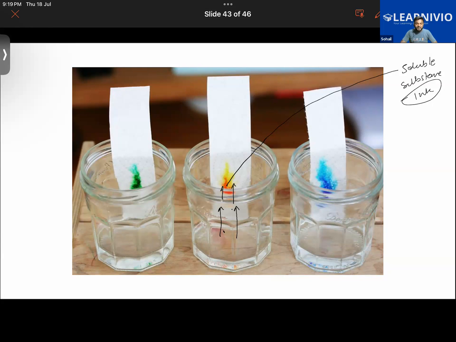Ink is soluble in water. So as the water is absorbed, the substance will change into different colors, right? As the solvent travels up the paper, it takes the soluble substance with it. And different substances have different solubilities in a given solvent, for example, in water.